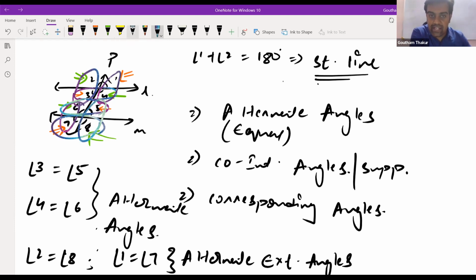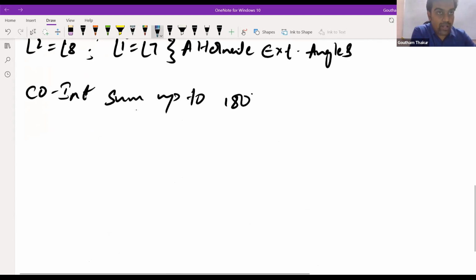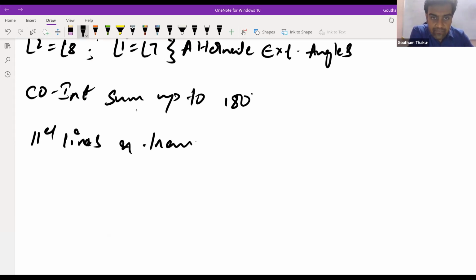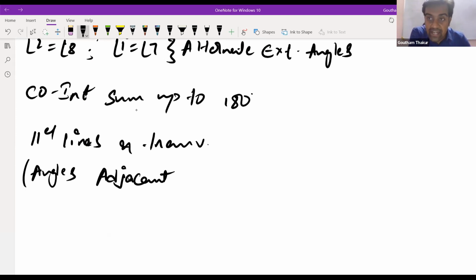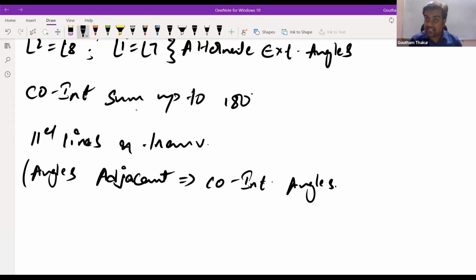In short, when we are talking about parallel lines and a transversal, the angles which are adjacent to each other form co-interior angles.